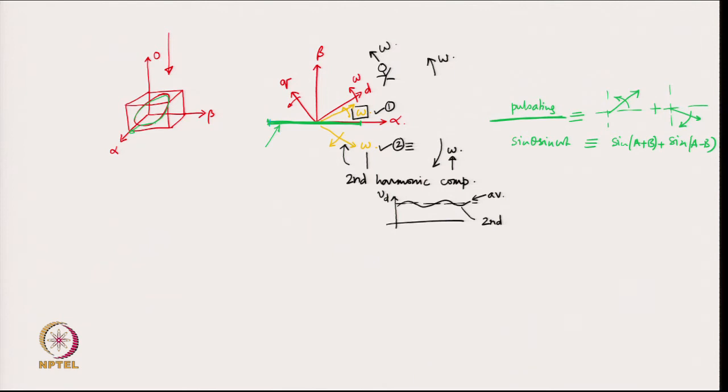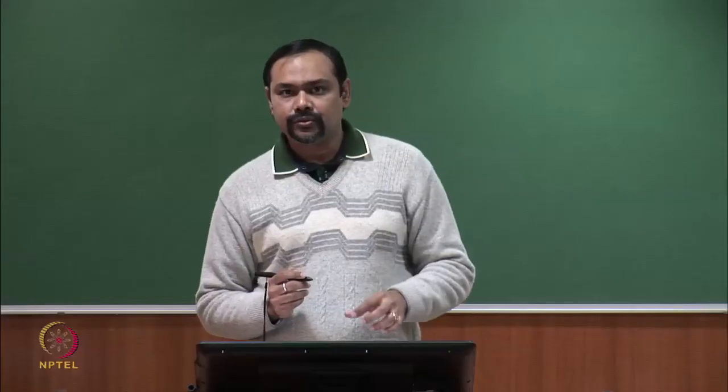The second harmonic component comes from waveform 2, which is rotating in the opposite direction. So, you will see a dq with a second harmonic component superimposed.